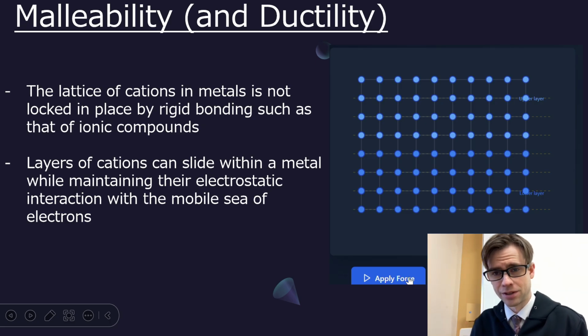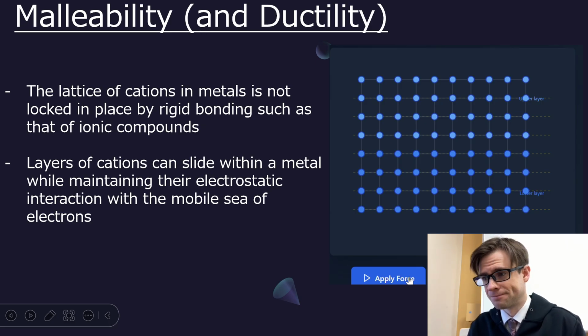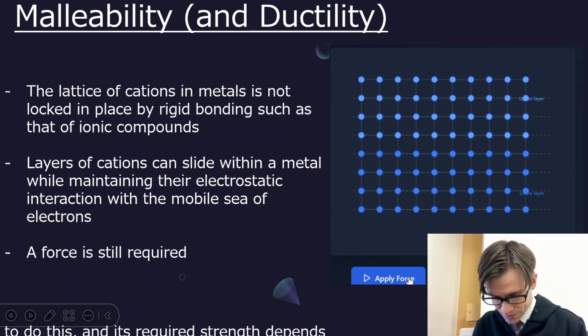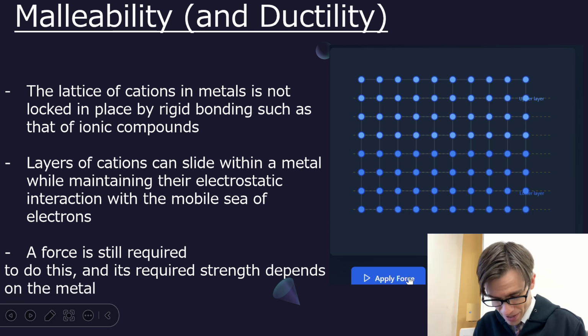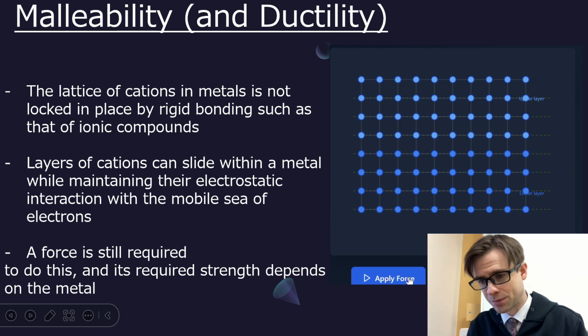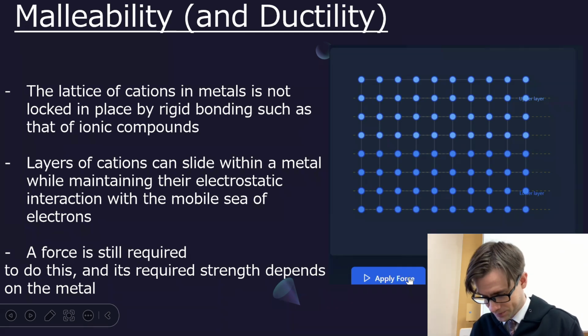The electrons are constantly moving and rearranging, so if they change position, it doesn't cause any breaks or cracks. A force is still required to do this, and the force required depends on the metal and the strength of its metallic bonding, how much those cations are attracted to those electrons.